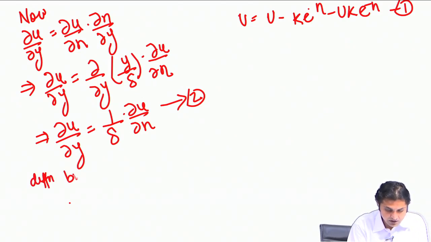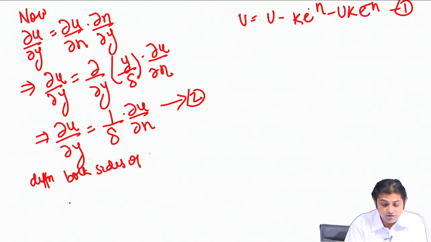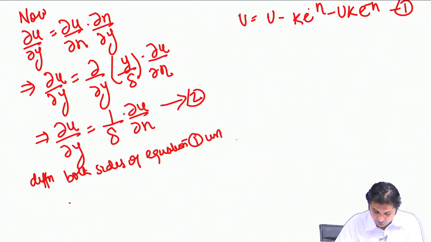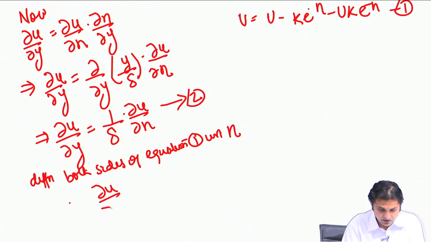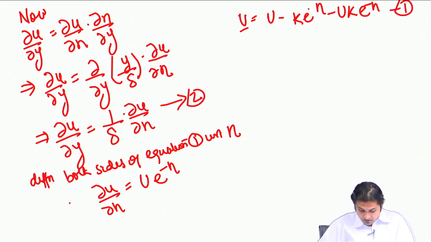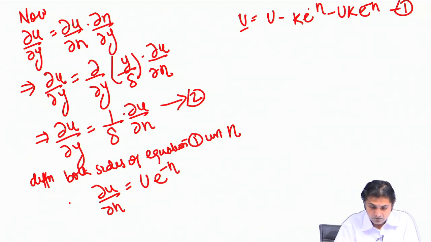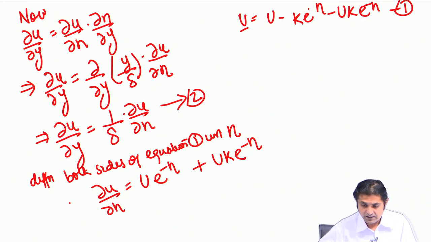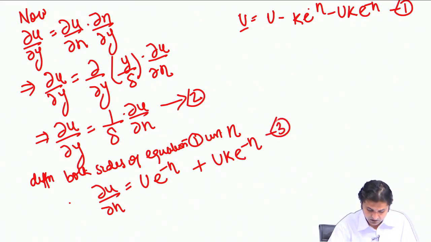Differentiating both sides of equation 1 with respect to eta, we get del u by del eta is equal to U e to the power minus eta plus U k e to the power minus eta. That is equation number 3.